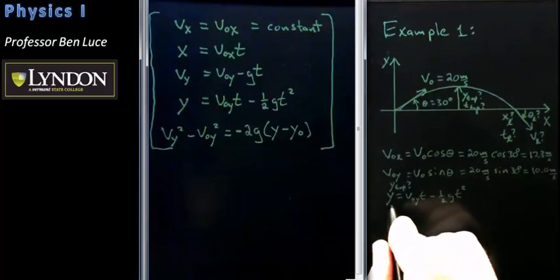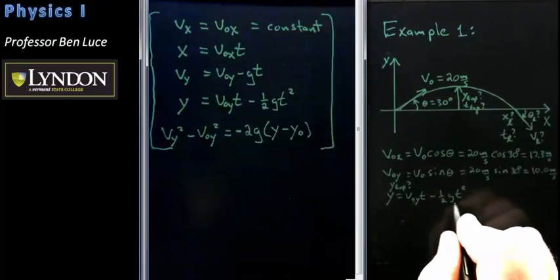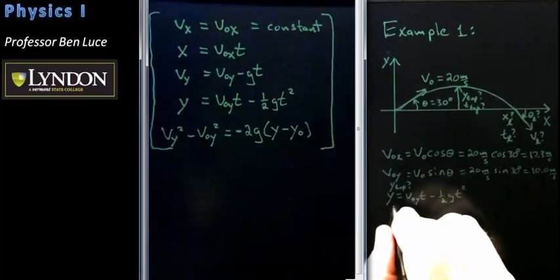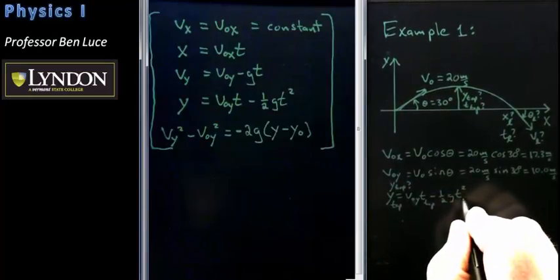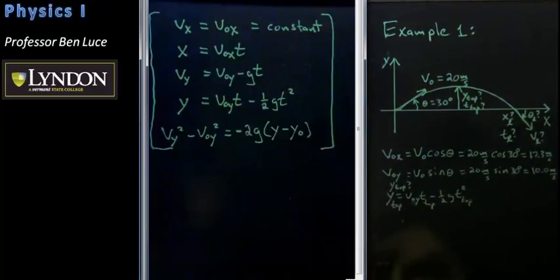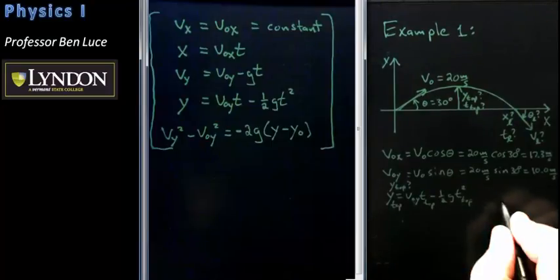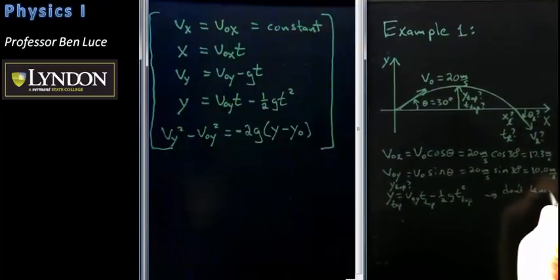And we see we can compute a value of y only if we have the initial y velocity, which we do, the y component, the time, and gravity, and we don't have the time yet. But it will be true that y top will equal V naught y times t top minus 1/2 g t top squared. So if we can find t top, we can come back and compute y top. But we don't know t top yet.